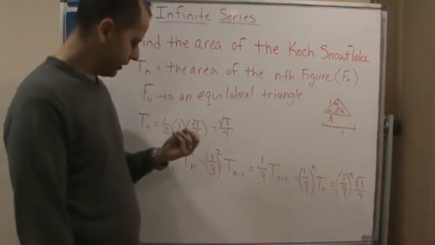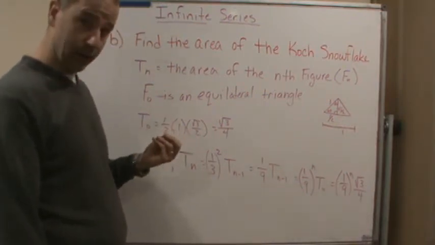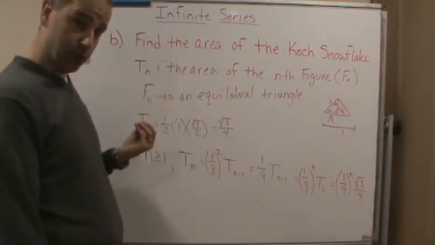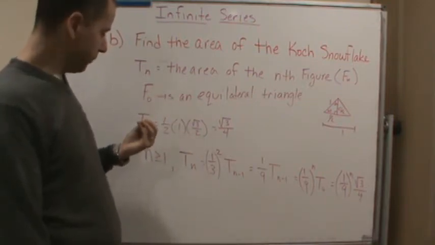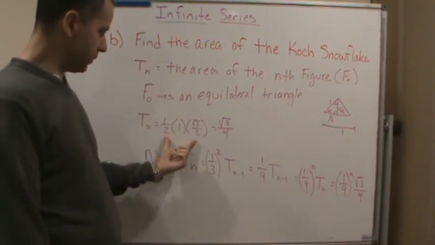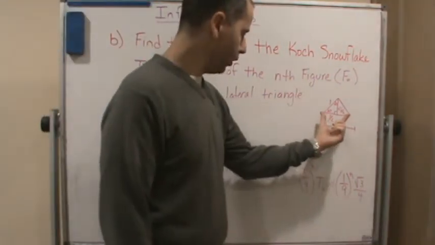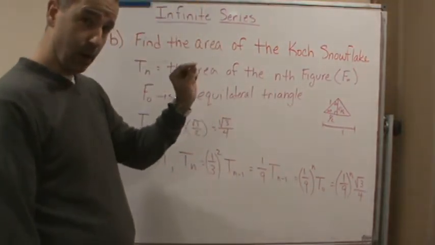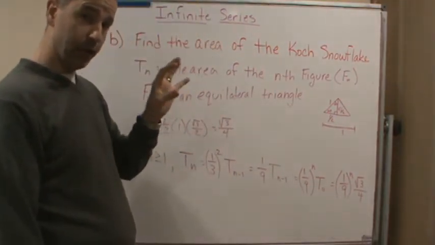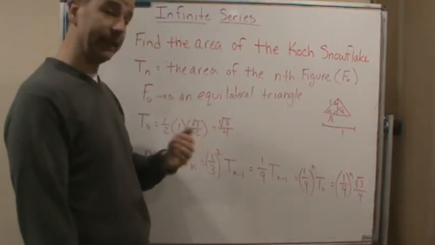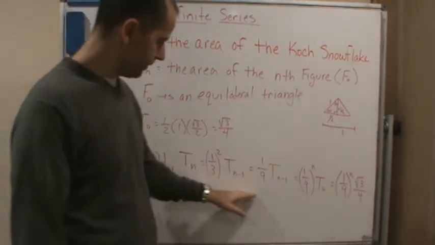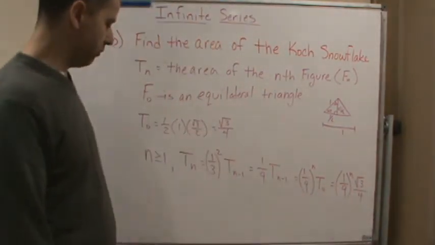So how do we get this? Well, remember, each new triangle has a third of the side of the original triangle, right? So starting with the original isosceles triangle here, we know that from this point forward, all the new triangles that are being added to the figure are going to have a side of 1/3. Well, then if you calculate the area of each one of those triangles, you get this expression right here.